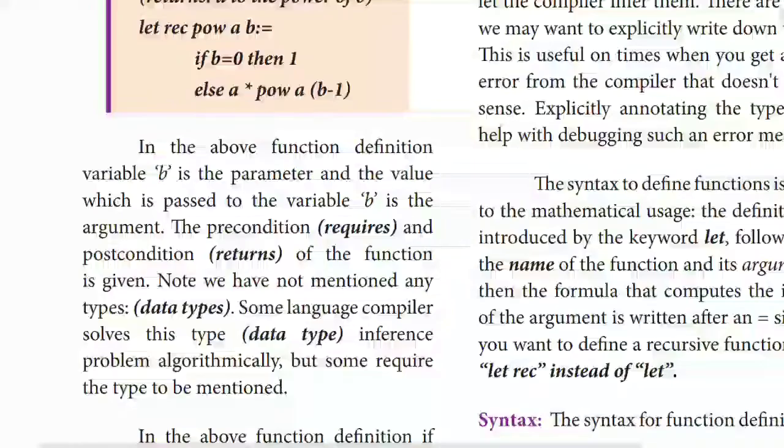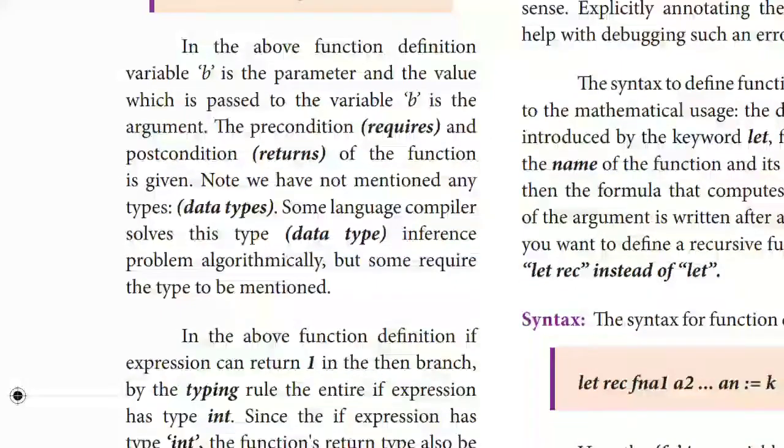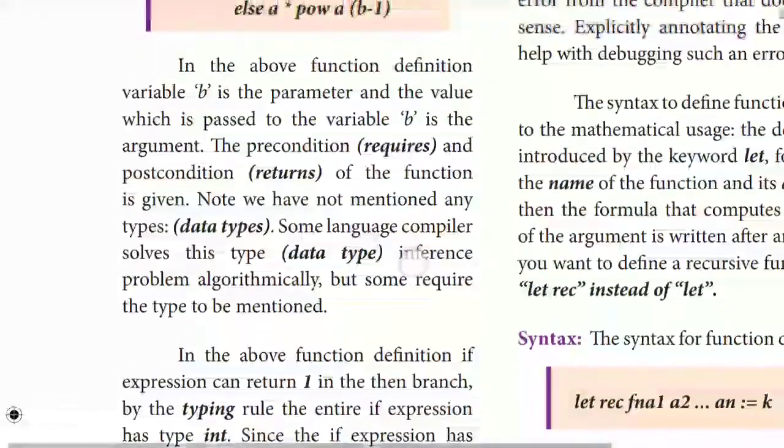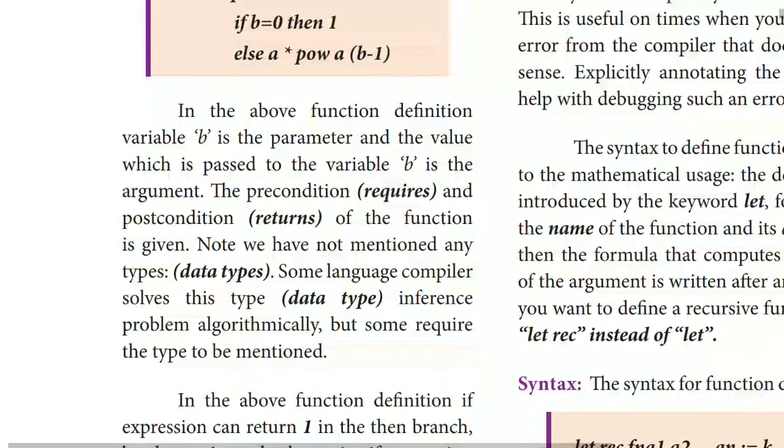Note, we have not mentioned the data type. Some programming languages solve this type inference problem automatically, but some require the type to be mentioned. So here you can see that they have explained everything clearly.